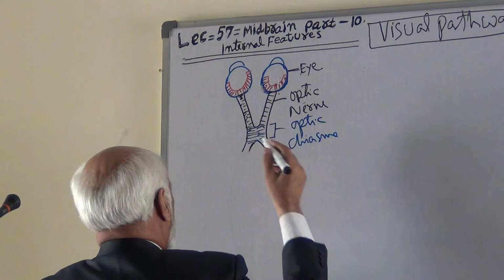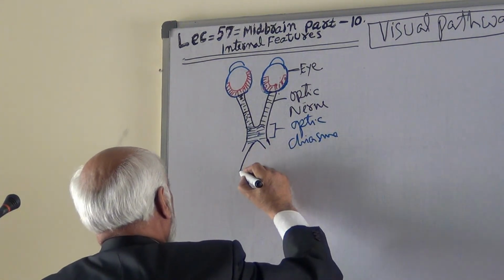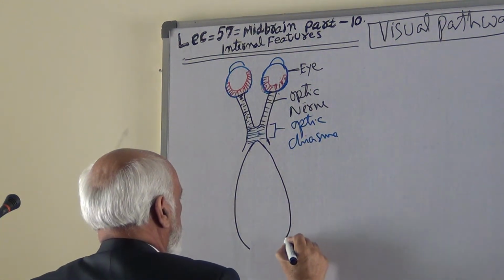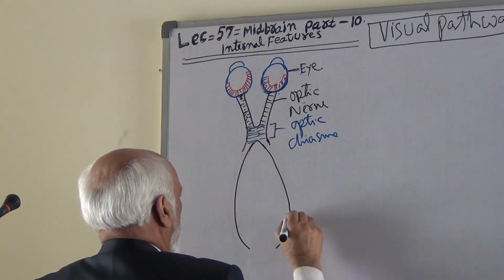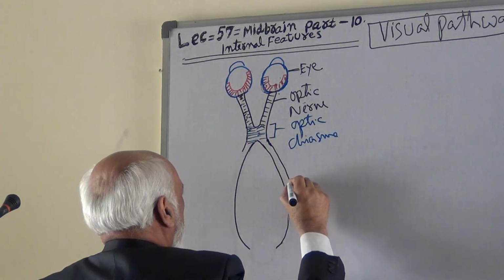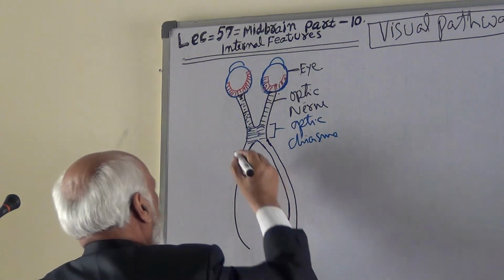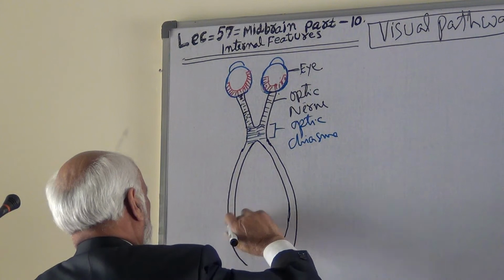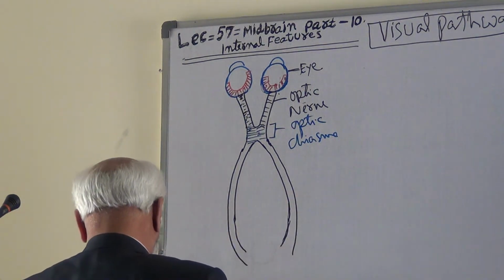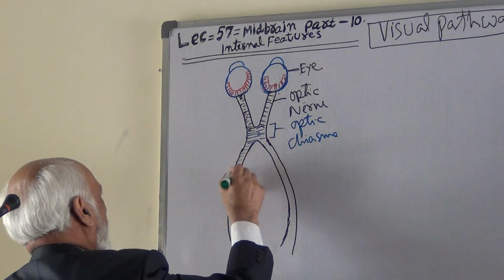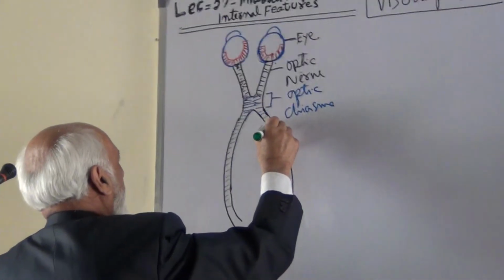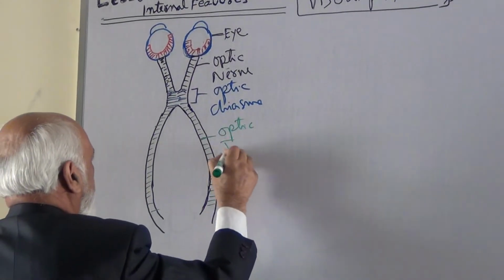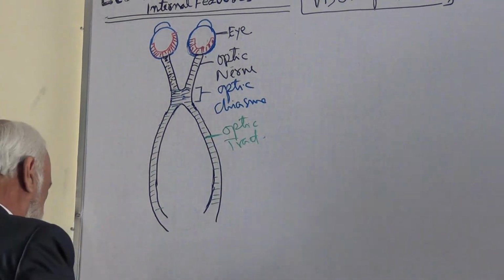Then from the optic chiasma, right and left optic tracts arise, one on each side.